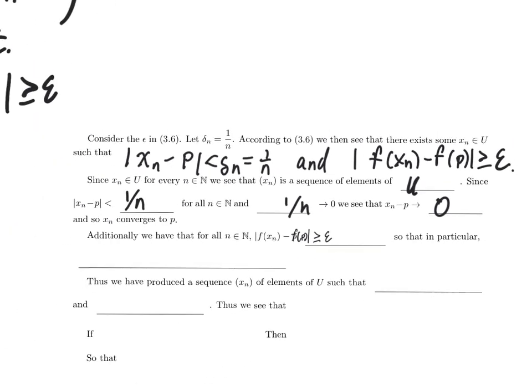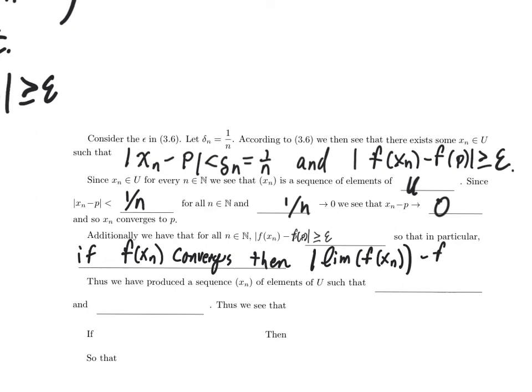So in particular, let's phrase it this way. If f of x_n converges, then, well, limits interact well with inequalities, especially loose inequalities, and they interact well with absolute values, then I'll get the absolute value of the limit of f of x sub n minus f of p is greater than or equal to epsilon.